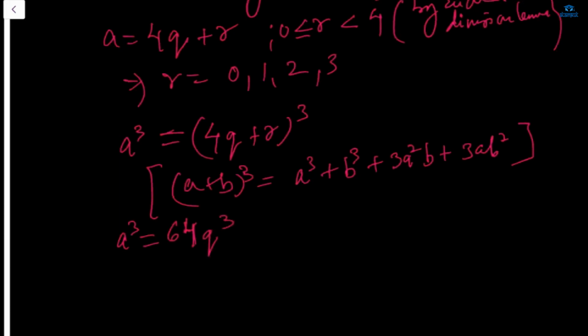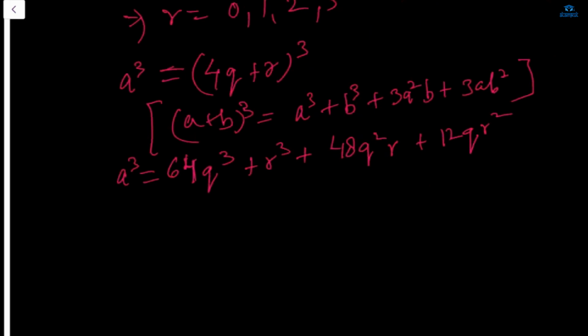Now, if I open it, it will be 64q cube plus r cube plus 48q square r plus 12q r square. Now we'll take r equal to 0.